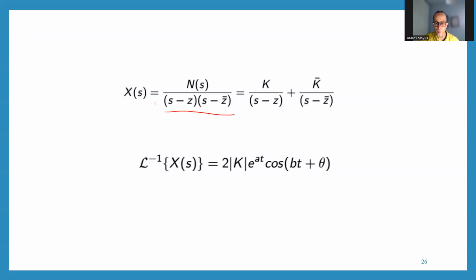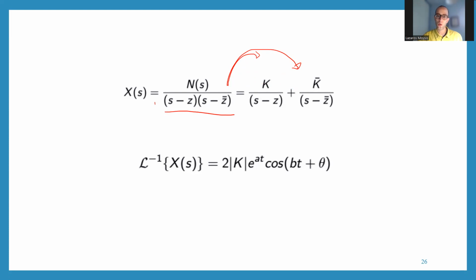The process remains the same. We are going to continue by breaking down this rational function into partial fractions. First of all, we compute the coefficients on the top in the same way as before. But these coefficients just happen to be complex conjugates of each other, so I don't have to compute both of them, I just need to compute one.